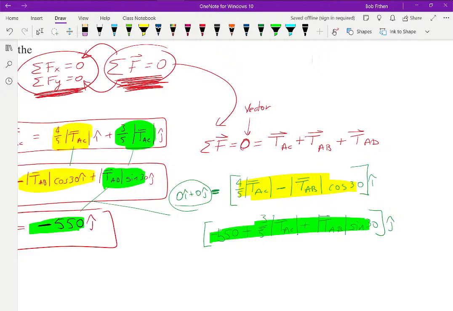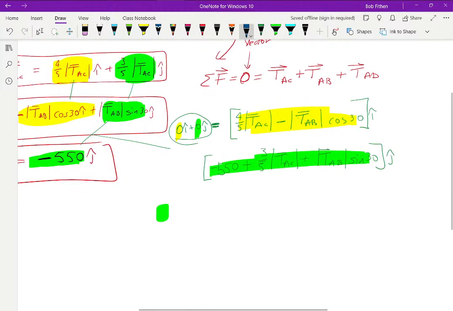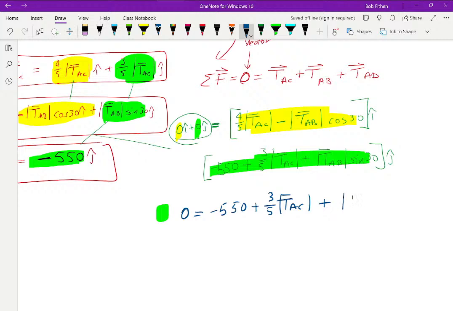So now I have 2 equations. If I start with the green equation here, what do I get from the green equation? Everything that has green in there: 0 is equal to minus 550 plus 3/5 of TAC plus TAB times the sine of 30.